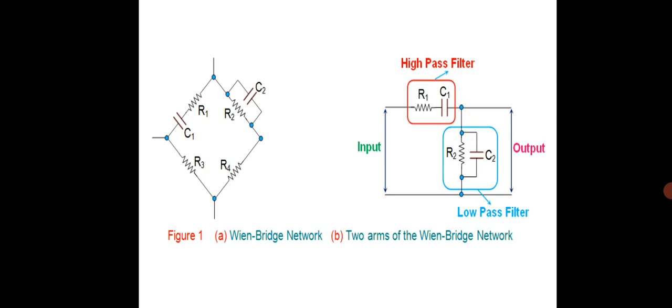As I told you, 2 arms will be purely resistive, and the 2 arms will have a combination of resistor and capacitor, where one arm has a series connection and the other has a parallel connection. When you have a series connection, it will behave as a high pass filter. When you have a parallel connection, it will behave like a low pass filter.